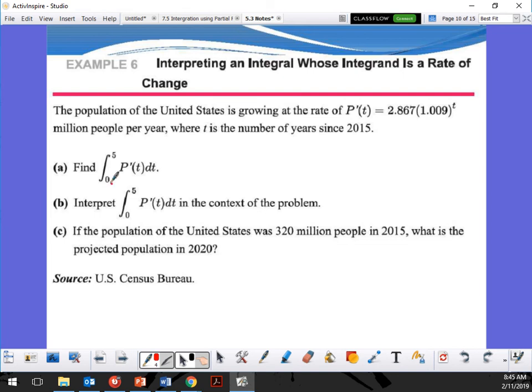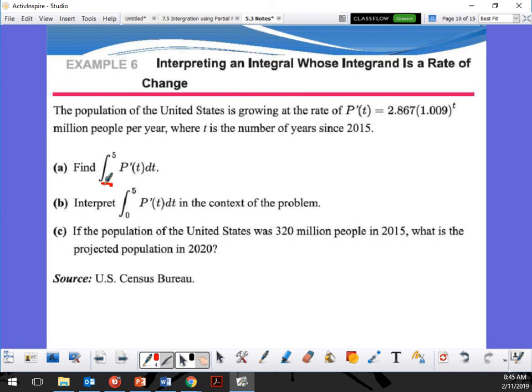What does 0 represent? Initial start, say 2015, where I'm starting it. Yes. And what does the 5 mean? The year 2020. Yes, positive 5 years after 2015 is 2020. I'm agreeing with you.